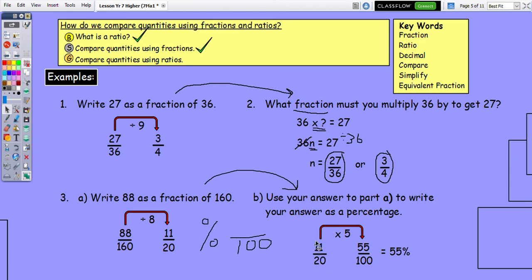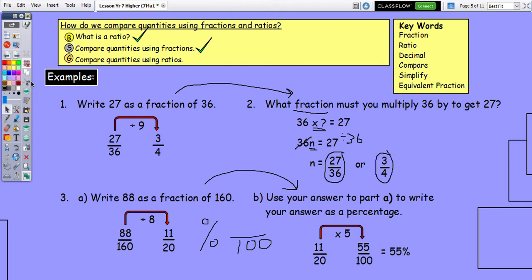So to convert this fraction to an equivalent fraction out of 100, I multiply by 5. As soon as I've got the fraction out of 100, the numerator becomes the percentage. So 88 as a fraction of 160 is 11 over 20, and 11 over 20 as a percentage is 55%.